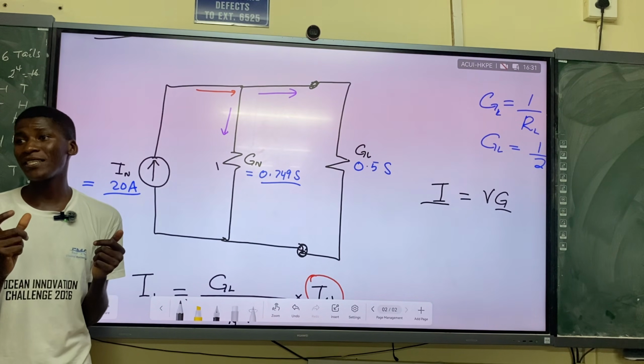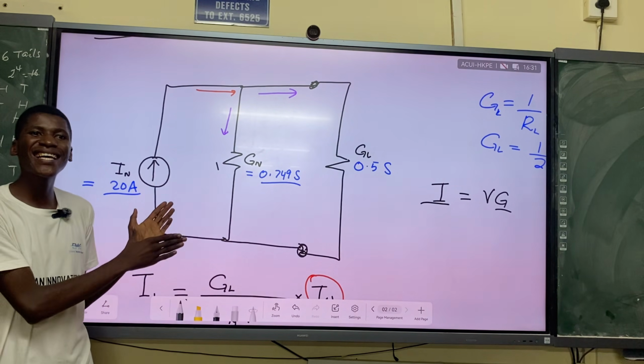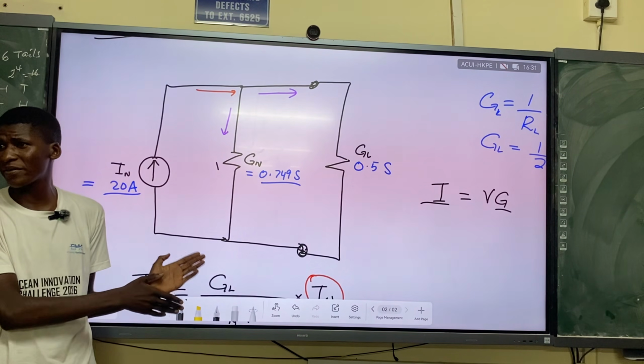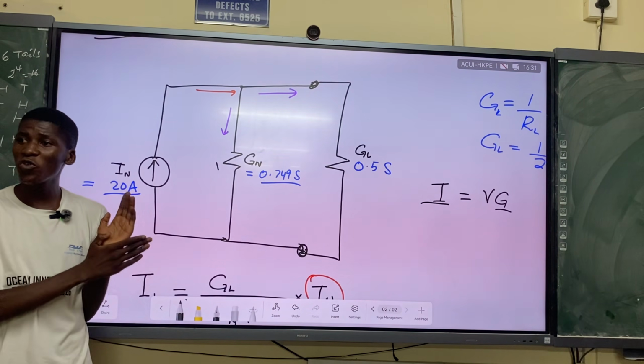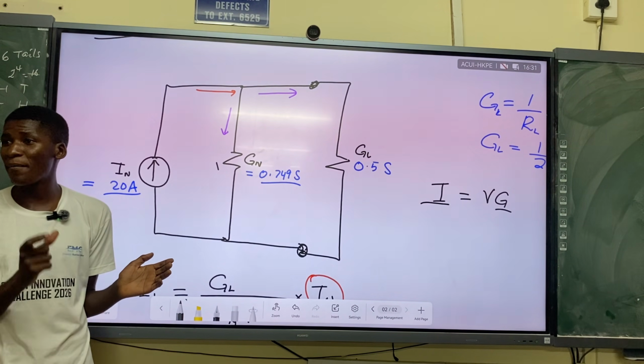So everything must be in terms of conductance. You will get the answer using resistances, but that is what you do in Thevenin's. In Norton's theorem you must use conductances.